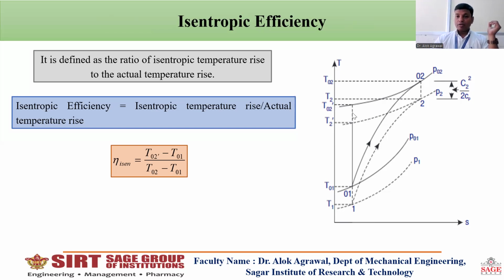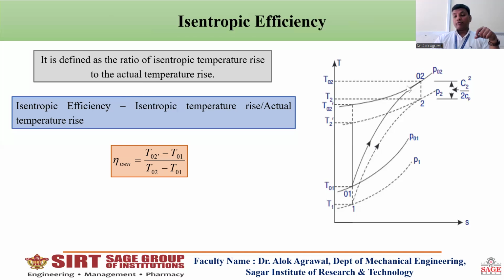But we have already seen that there will be more heat generation compared to the reversible or isentropic process. So the outlet temperature will be more than T02 dash. Let us call it T02, because the process is not isentropic. It will not be a straight line. It will be like this.